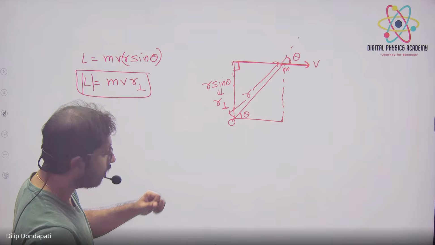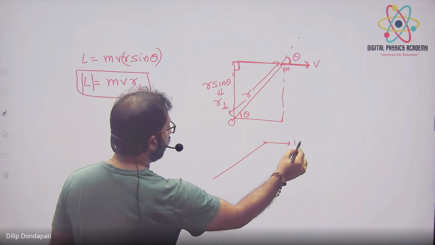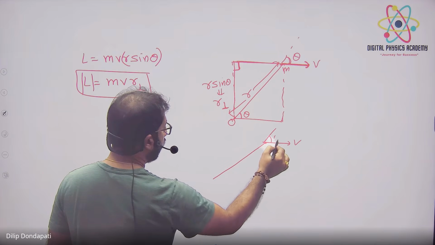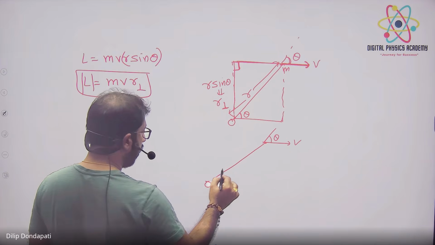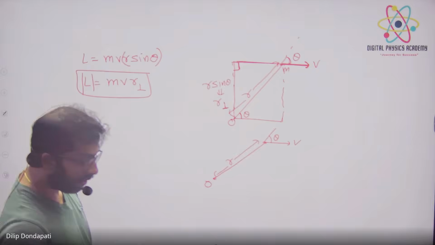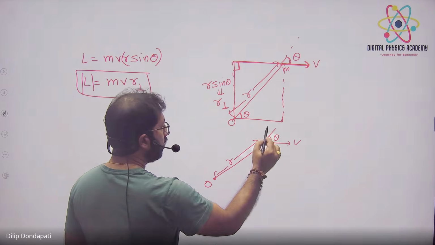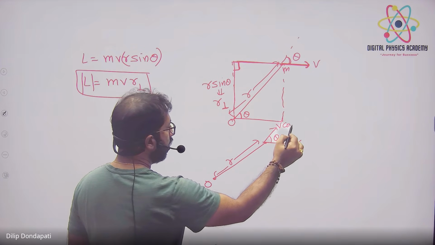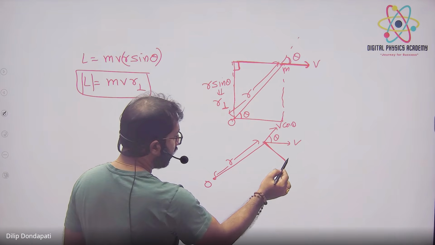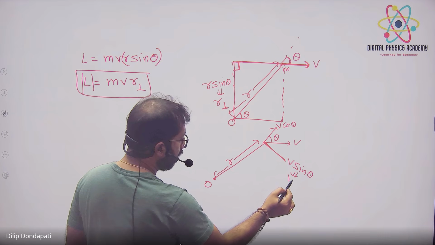I can do like this also, same case, v, theta, observer, r. देखो velocity के components बताओ, what is the velocity here. इस तरफ component है v cos θ and इसका perpendicular component है v sin θ, and I call v sin θ को v perpendicular.